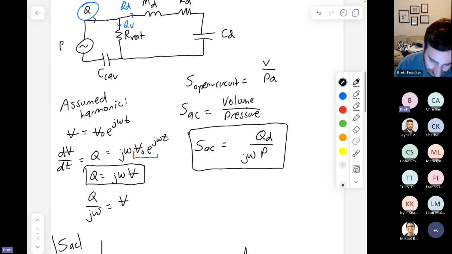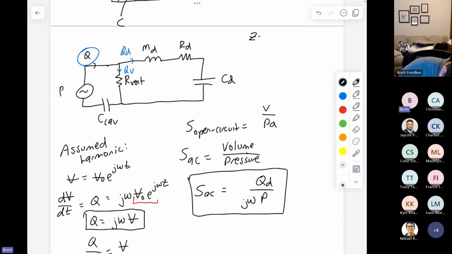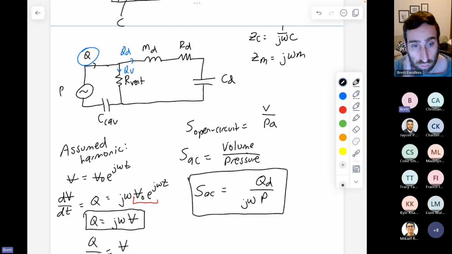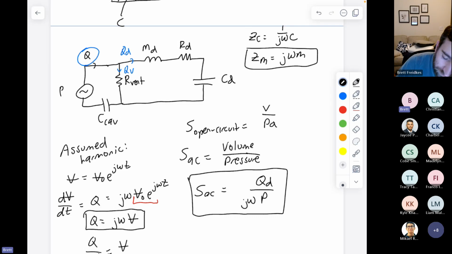Because remember, the impedance of a capacitor is 1 over j omega C, and the impedance of an inductor is j omega L, or j omega M if we're looking at masses, for example. If omega is 0, we saw that the inductor shorted and the capacitors opened. If omega is small, we will say that this is finite now, but we'll neglect this for simplicity.